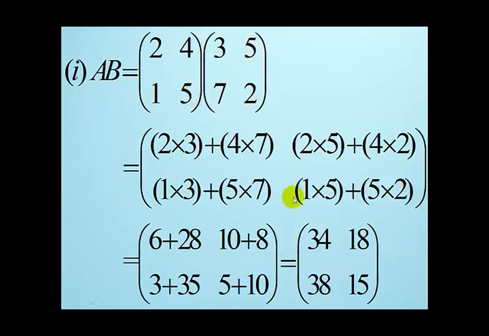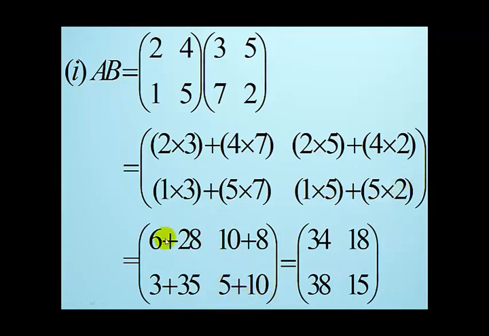Now we simplify. 2 times 3 is 6 plus 4 times 7 is 28. 2 times 5 is 10 plus 4 times 2 is 8. 1 times 3 is 3 plus 5 times 7 is 35. 1 times 5 is 5 plus 5 times 2 is 10.